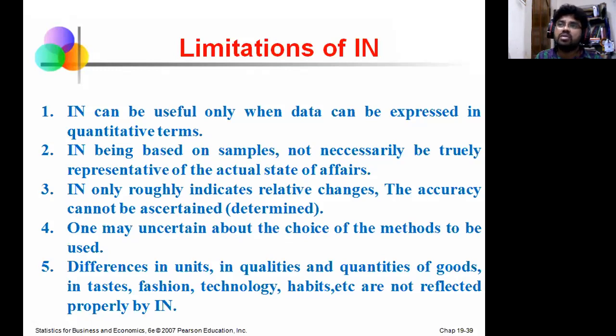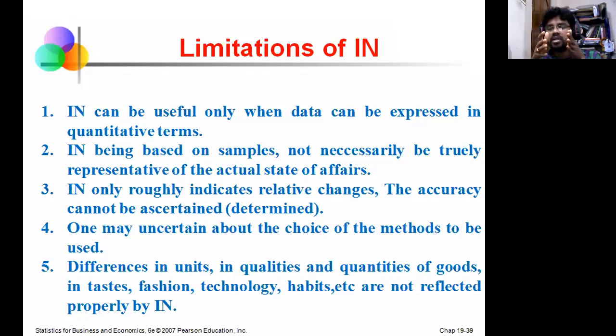For example, as I told you, three methods are there: Laspeyres, Paasche, and Fisher. Some people may use the Laspeyres method, some people may use Paasche, and other people may use Fisher. In that case, I told you which method is the good one. Within the three, Fisher is the good one because the Fisher index gives the geometric mean of both, that is Paasche as well as Laspeyres.